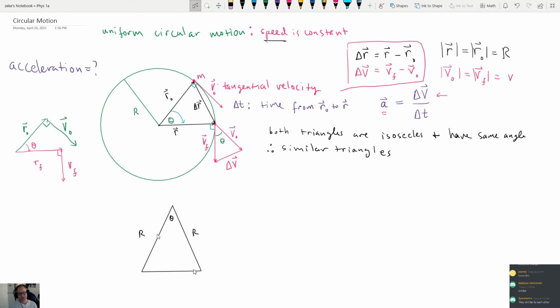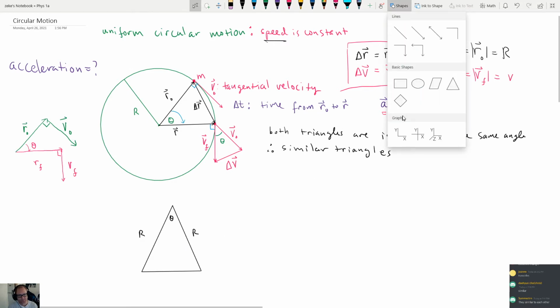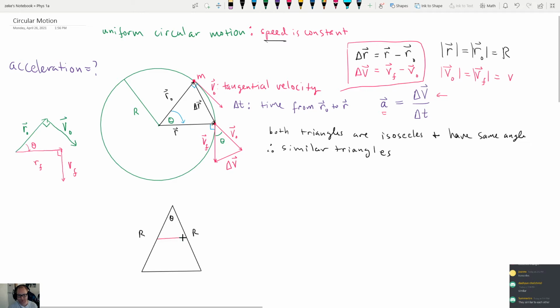If I draw a line that's parallel to the bottom, going from here to here, parallel to the base, and I tell you that this side from here to here is v and v, then r goes all the way down to here, and v is just the shorter piece, just this distance here.